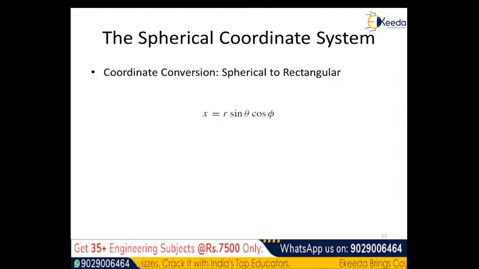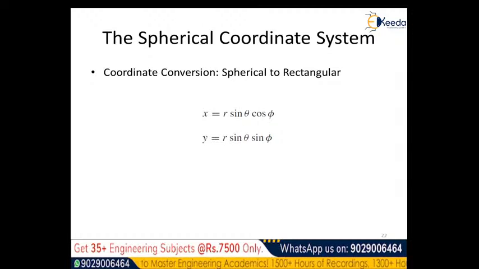So we have x is equal to, as we had in the case of the cylindrical coordinate system, x is equal to rho cosine of phi here. So while we substitute the rho value to be r sine theta, we get x is equal to r sine theta cosine phi.